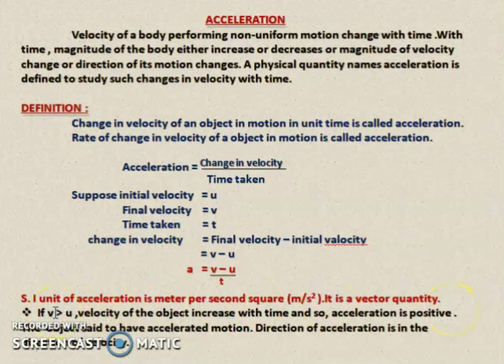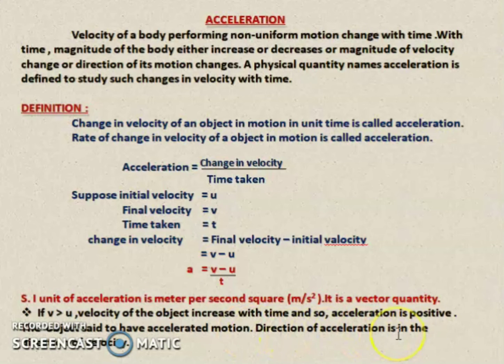So there are two cases. Case one: if the final velocity is greater than the initial velocity, the velocity of the object increases with time, so the acceleration is positive. The object is said to have accelerated motion.